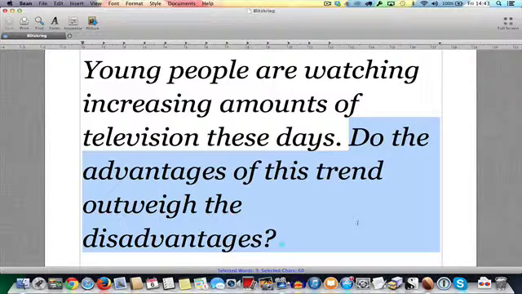In the event the candidate, for example, felt there were more advantages than disadvantages, their argument essay would devote at least one supporting paragraph to illustrate these advantages. So firstly, if we were to do this as an argument essay, of course you would have some sort of thesis in the introduction paragraph, and that thesis would say something like, it is argued that the advantages of this trend outweigh the disadvantages.